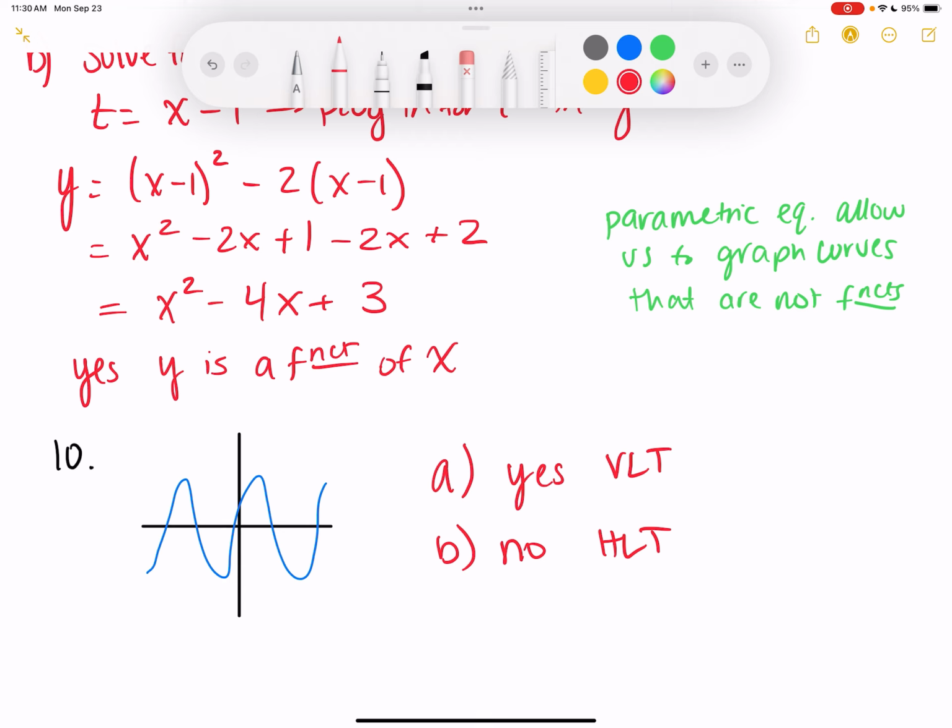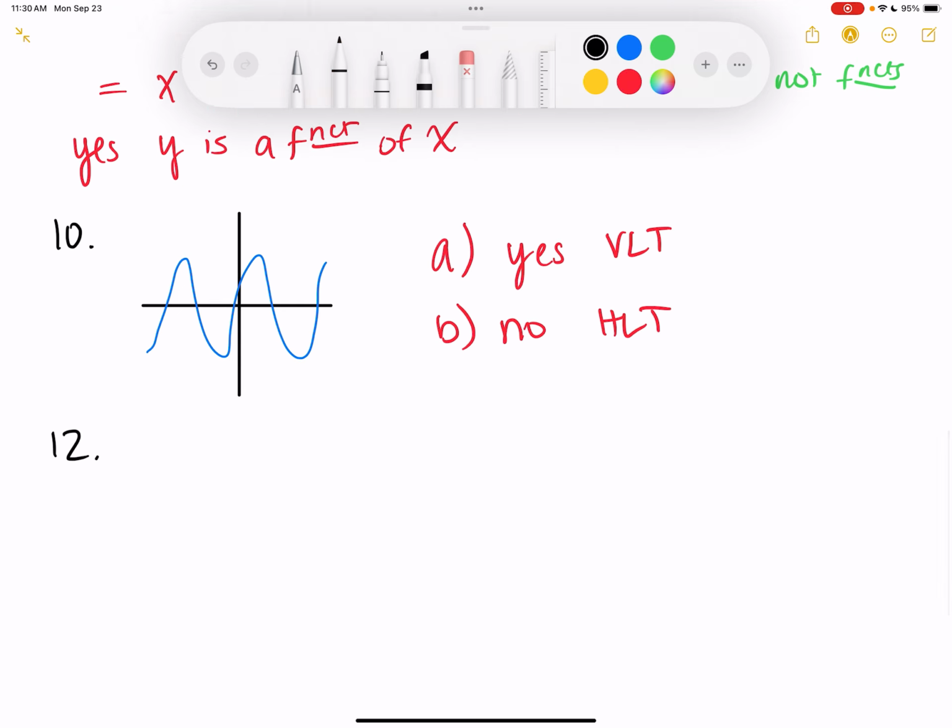Let's see. Number 12. It looks something like this, close enough. It's a little more symmetric on the axis there in the book, but it's close enough. So this is not a function.